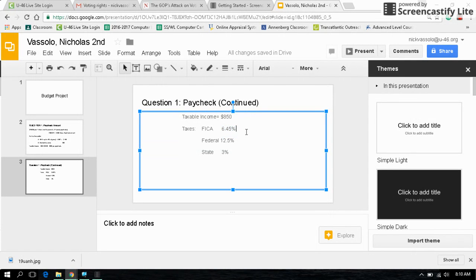And what would that be? That's 850 multiplied by 0.0645, right? And then you'll get an amount, and that amount will go right here. You'll do the same thing for federal, then the same thing for state. You'll have 3 tax amounts that need to come out of your $850. Once you do that, then you just subtract it from your $850, and whatever is left for you, that's your take-home pay.